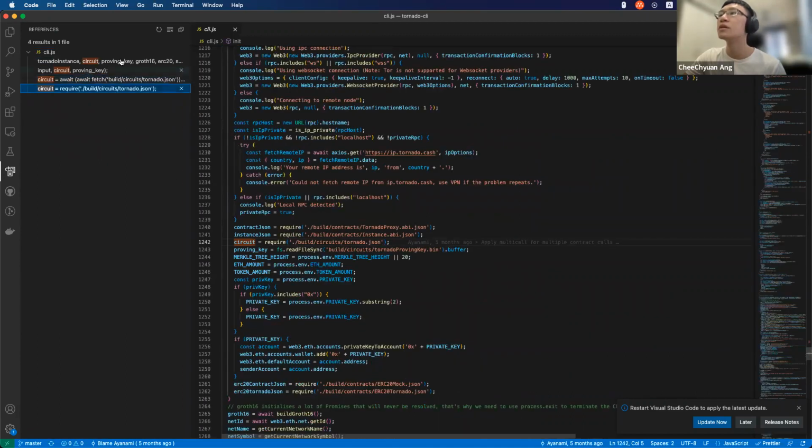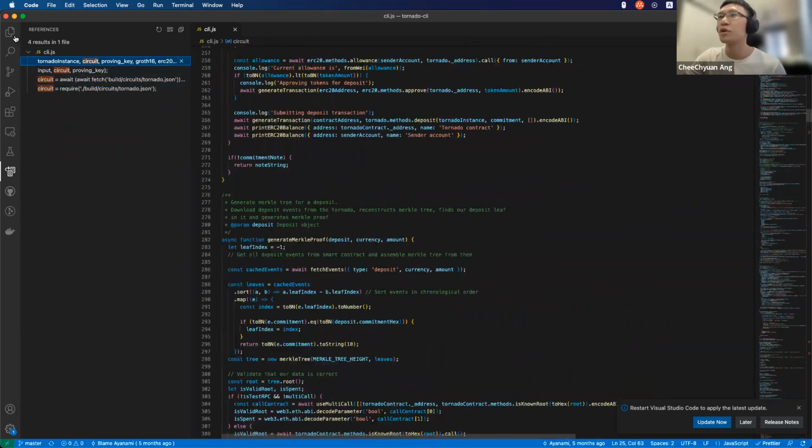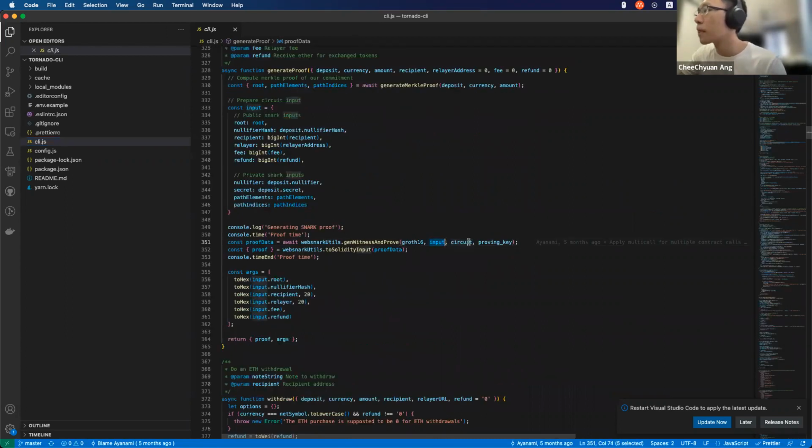It will need to have a circuit, and with the input, what happens behind the scenes is there's some WASM going on, and with your proving key, it's like a trusted setup kind of thing.